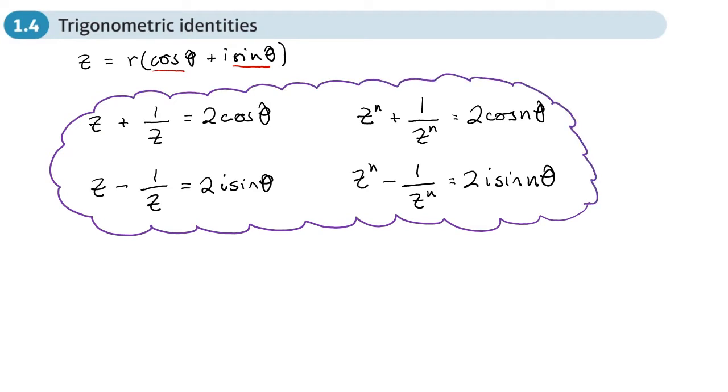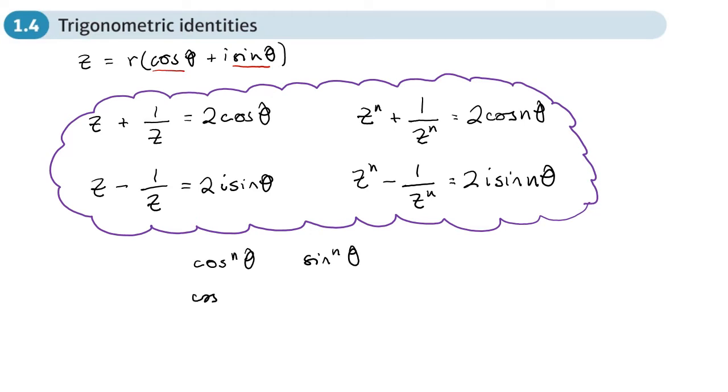to help us prove some other identities. And the types of things we're going to have to prove or show are going to be things like maybe cos to a power. Let's just write that to n, so that could be any power, or sine to a power. Let's put n there.